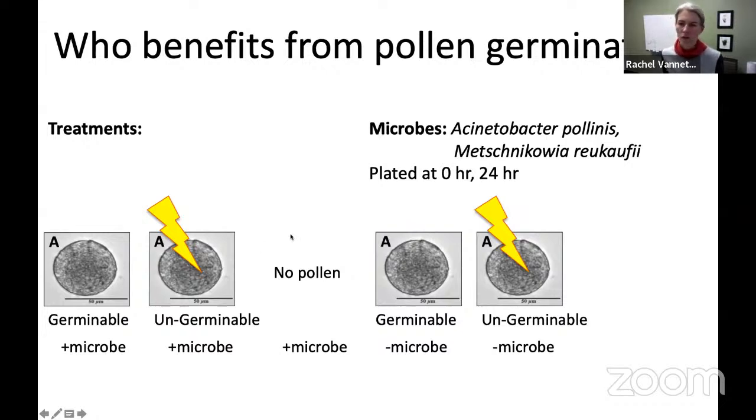And we compared microbial growth in both of these conditions, along with a no pollen condition, and simply the pollen by itself, either left viable or sterilized ungerminable. We compared microbial density of two different microbes: Acinetobacter pollinus, and the nectar yeast, Metschnikowia reukaufii. And we looked at their cell density at 0 and 24 hours.